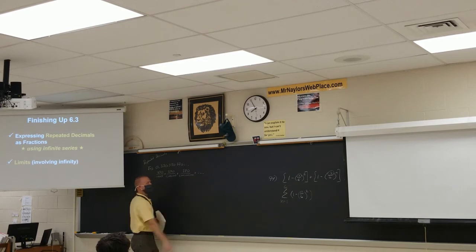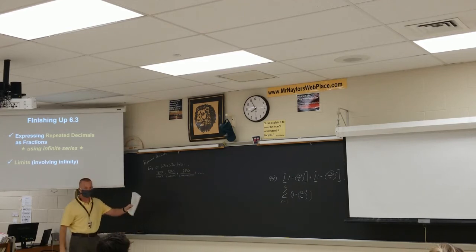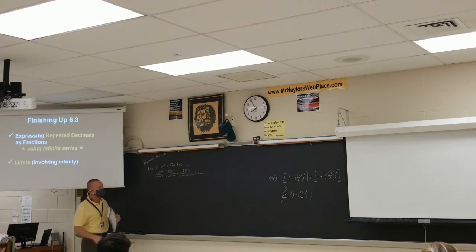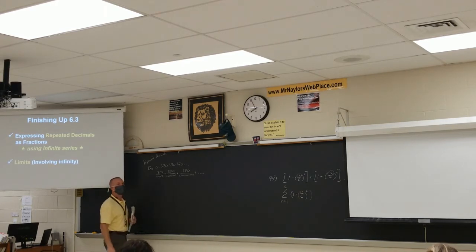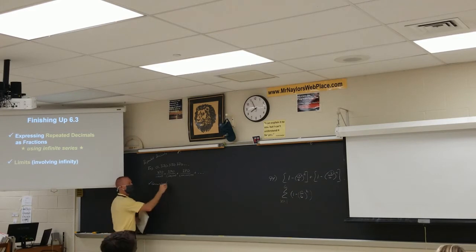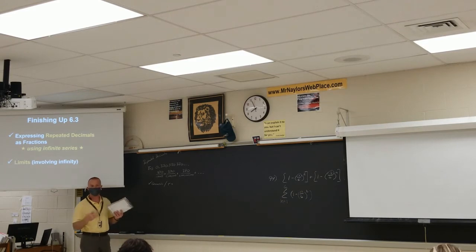Now, there's something special about this series. Remember, series just means we're adding numbers. I know we're adding all these fractions now, but there's something special about this series, and that is that it is geometric. The reason it's geometric is because it has an R value, and it's the R value that should be the first thing you discover.